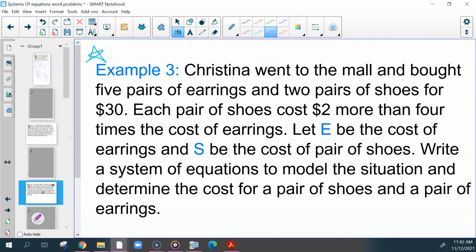Find this next example. It's not example 2, it's example 3.